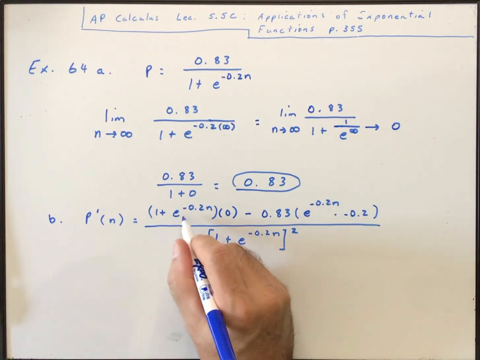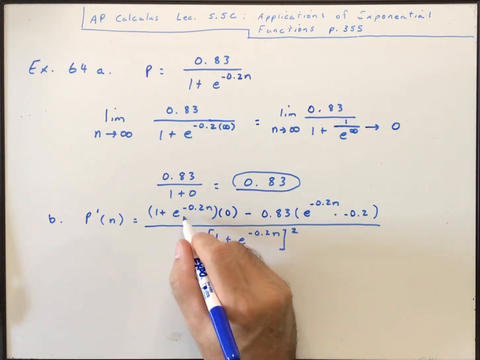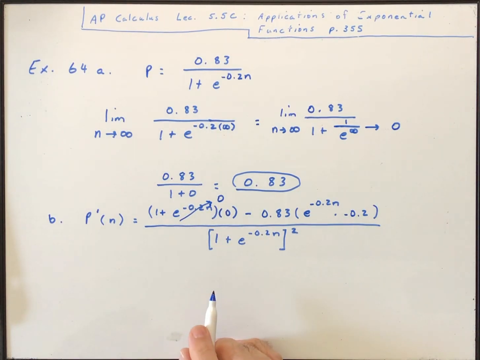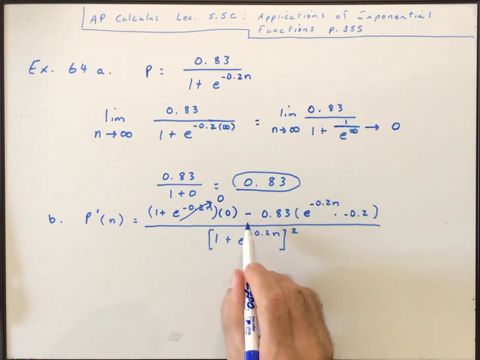Okay, so this all goes to 0. And then you have a negative here and a negative here.